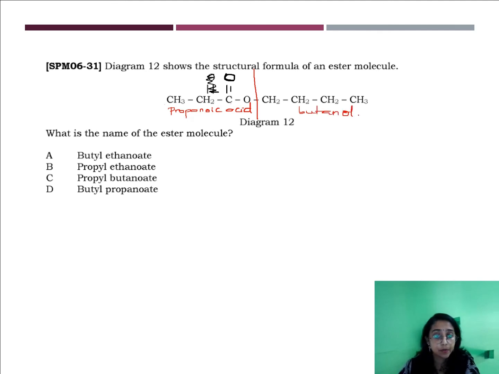Okay. So when you do the crossing, butanol become butyl. Okay. That's going to be butyl. Okay. And oic acid, you cancel it. They're going to substitute with oate. So it's going to be propanoate. So the name of the ester will be butyl propanoate.